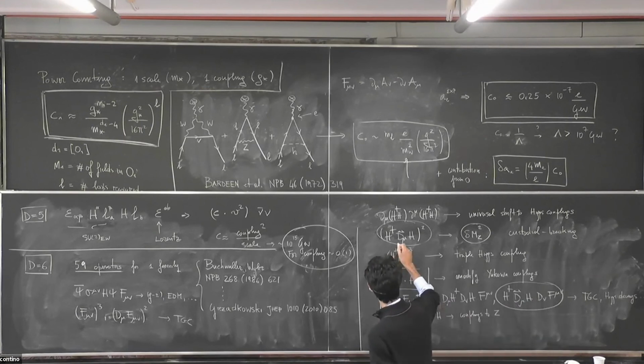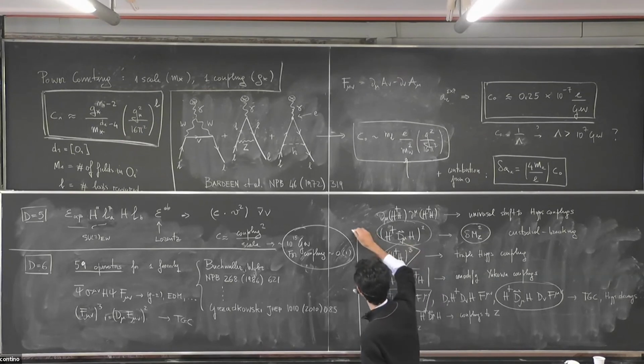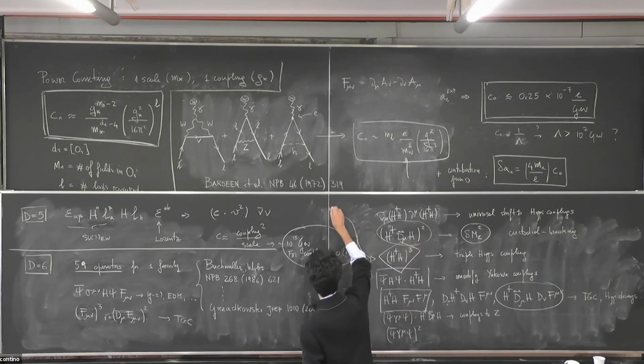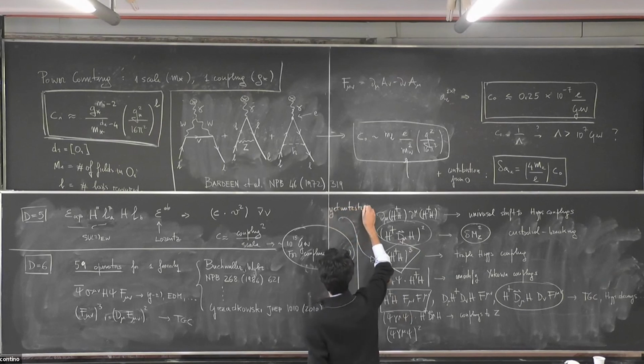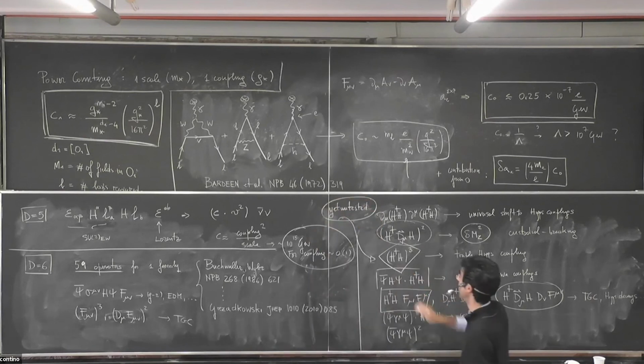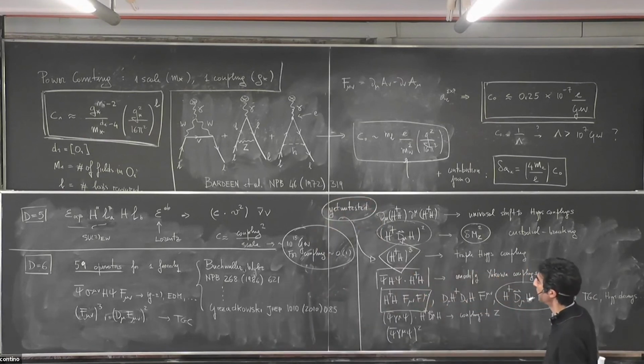Finally, and this is my last comment, there is only one operator, which I already said, which is yet untested. This is the only operator which waits for an experiment, a measurement of the triple Higgs coupling, to be tested. All the others have been tested at a certain level of precision.